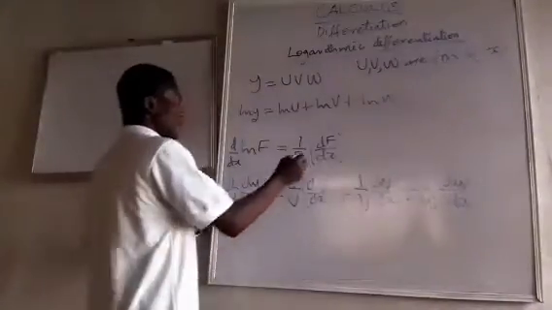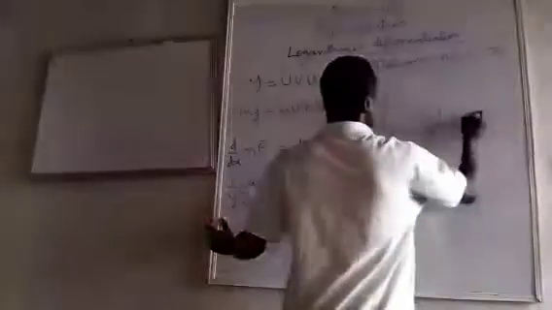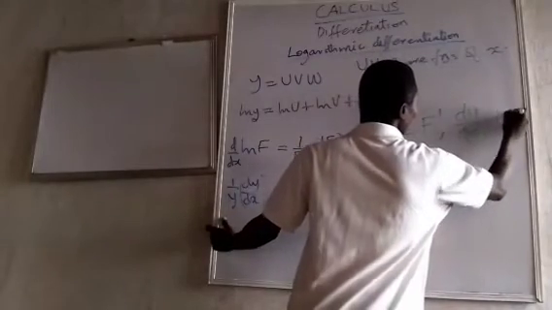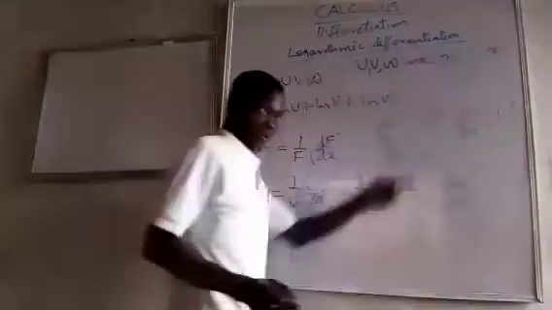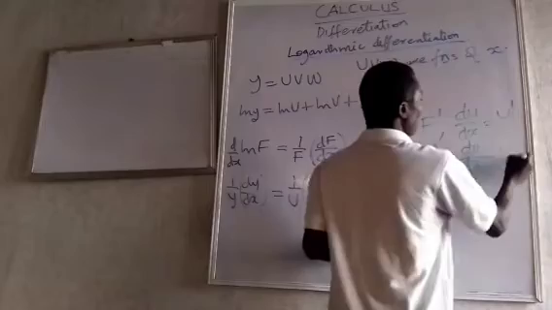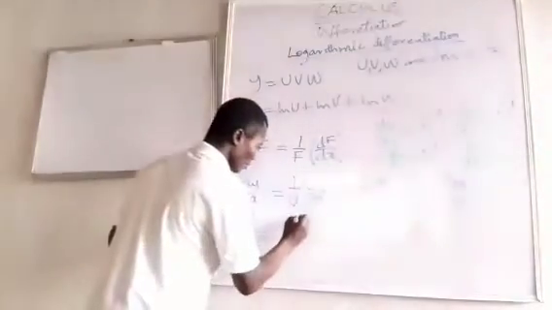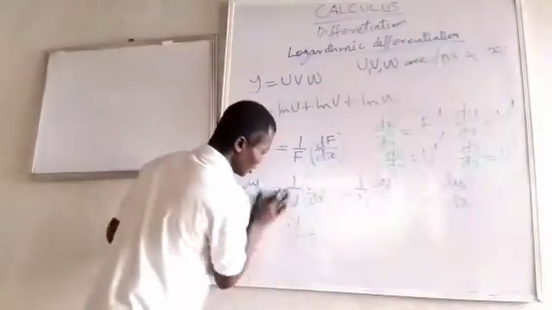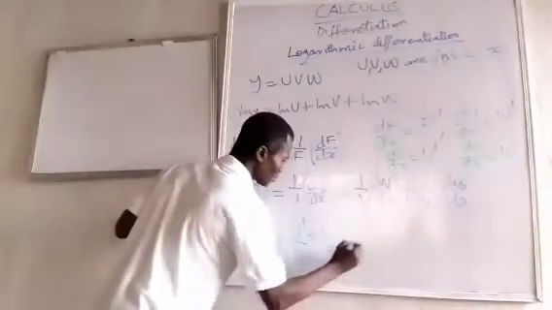Now, if we represent du/dx as u complement, dv/dx as v complement, and dw/dx as w complement, just like how we represent complements, this equation now becomes y complement over y is equal to u complement over u plus v complement over v plus w complement over w.